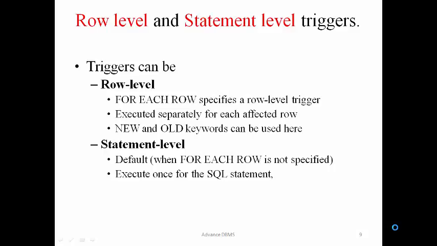You can also use the new and old keywords for each row. If you do not specify FOR EACH ROW in the trigger, then by default it is taken as a statement-level or table-level trigger. So it executes once for the SQL statement.